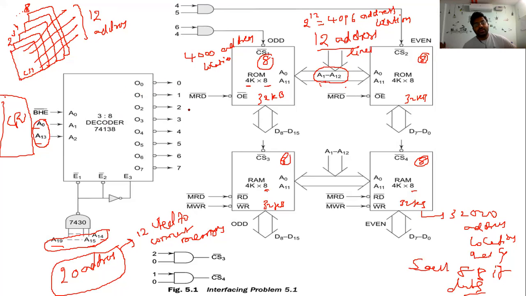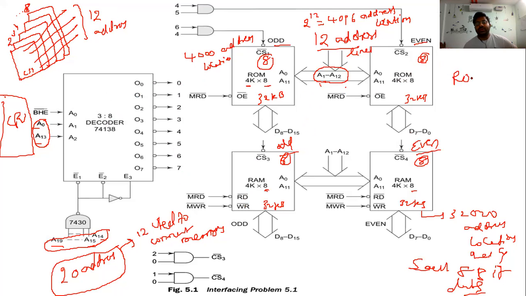The decoder output will tell which type of memory is connected, either RAM or ROM, and again in RAM and ROM you have even as well as odd addresses.